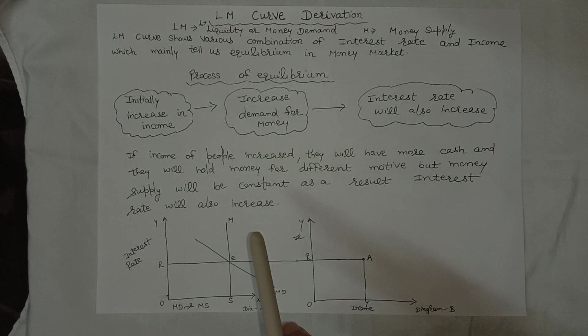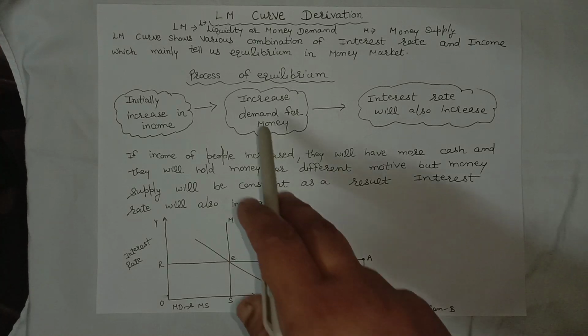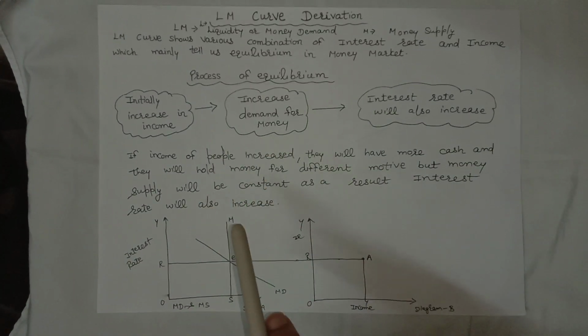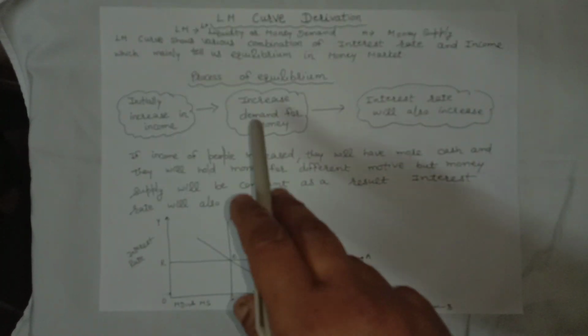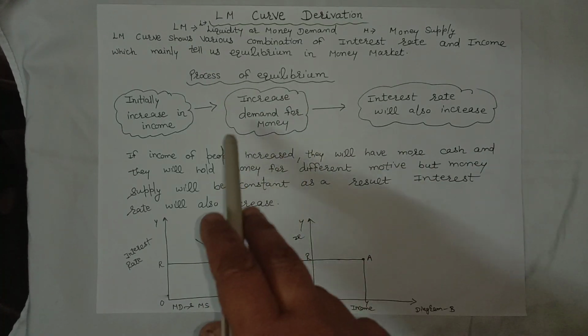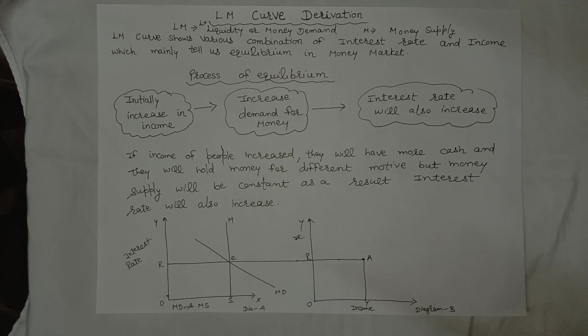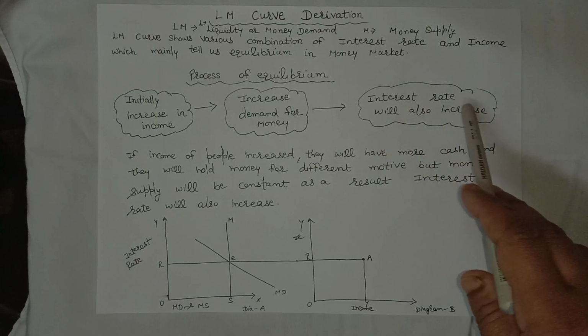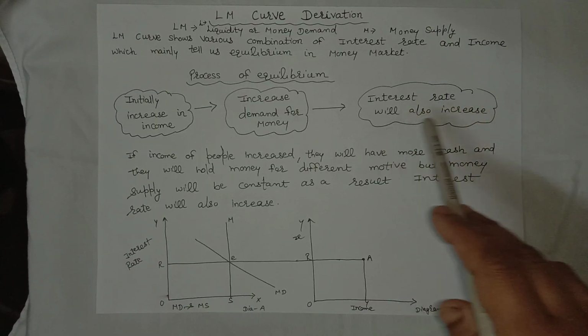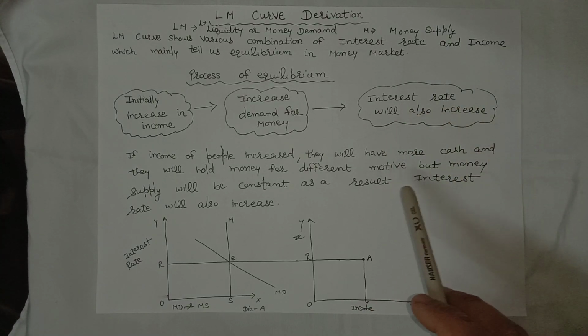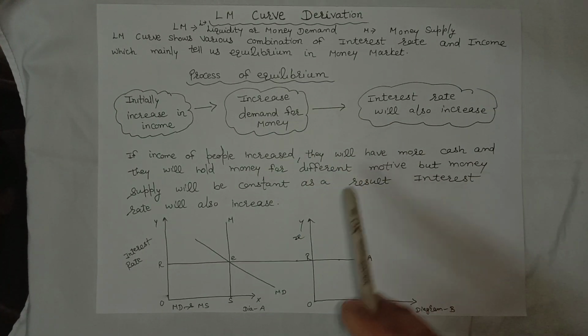Supply of money will be constant, and increased demand for money will raise the interest rate. I will explain this in a diagram.